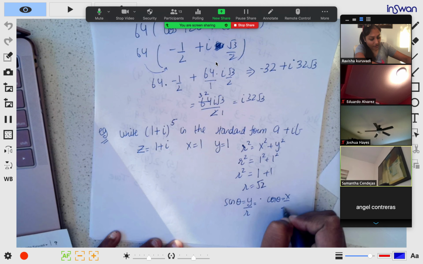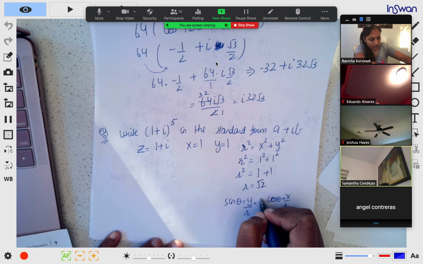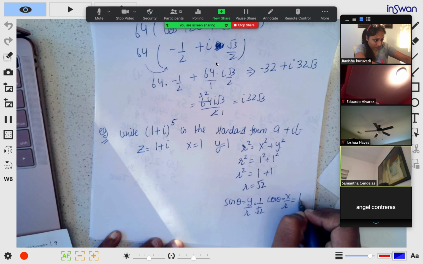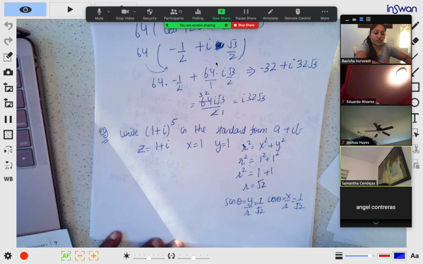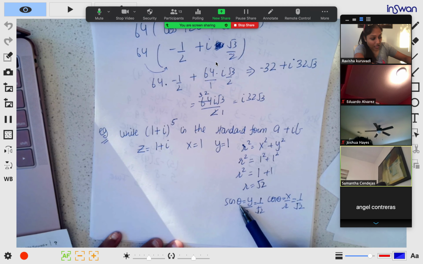What's your y and r? So sine is 1 over radical 2, and cosine is 1 over radical 2 again. So look at your unit circle, Samantha, and tell me for what angle theta I have sine as 1 over root 2 and cosine also as 1 over root 2.